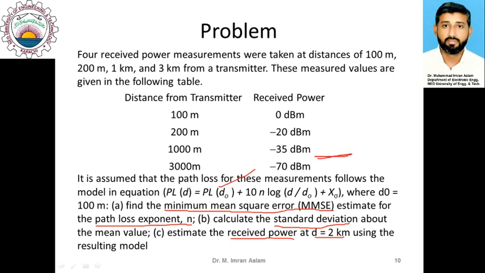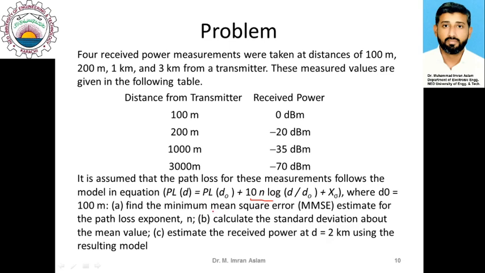Once we establish the parameters for this model, we can also calculate the received power at d equal to 2 kilometers. So let us start the first problem, which is calculating the path loss index n. How can we calculate the path loss index?